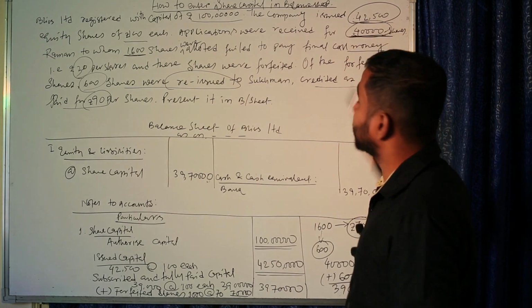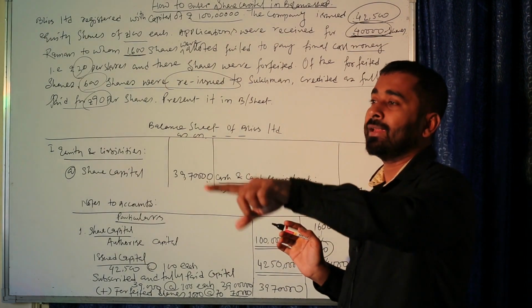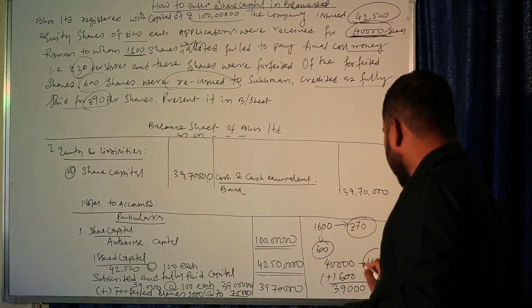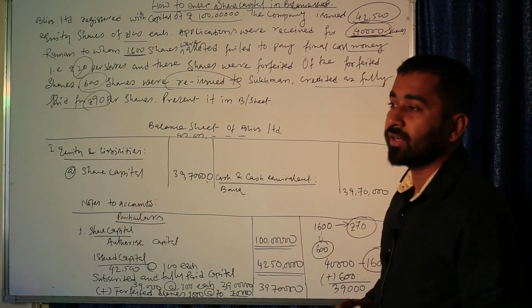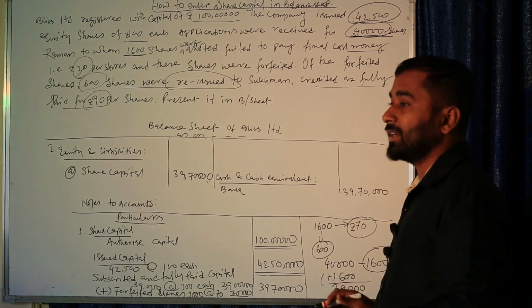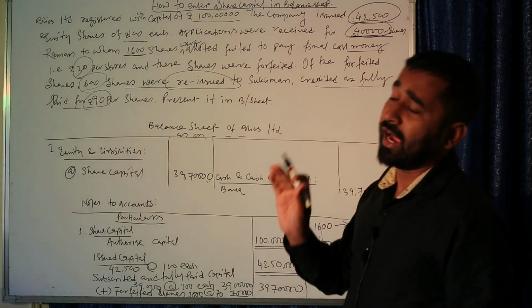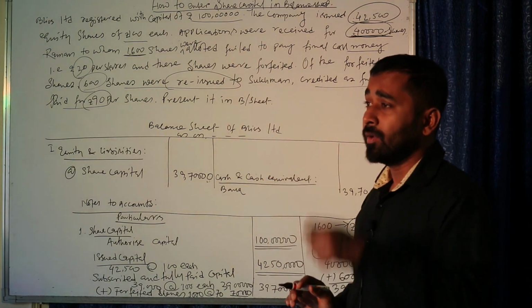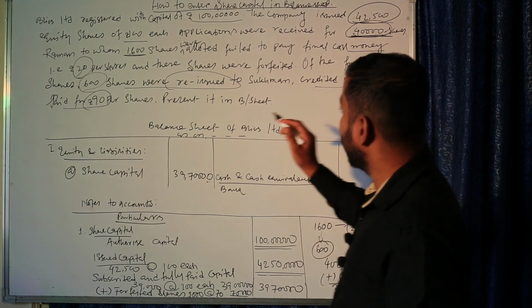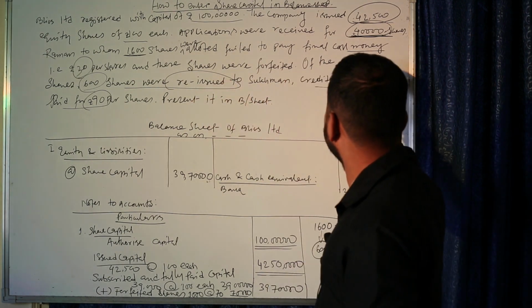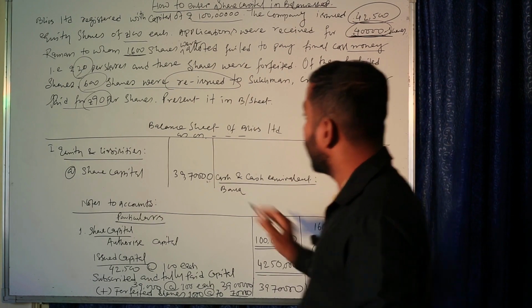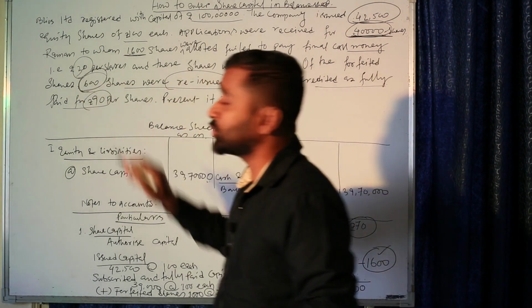Subscribed were 40,000 shares, but out of that, forfeited shares are 1,600. It does not mean that I should directly subtract the 1,600 forfeited shares from the 40,000, because afterwards, out of those 1,600 forfeited shares, 600 shares were reissued.